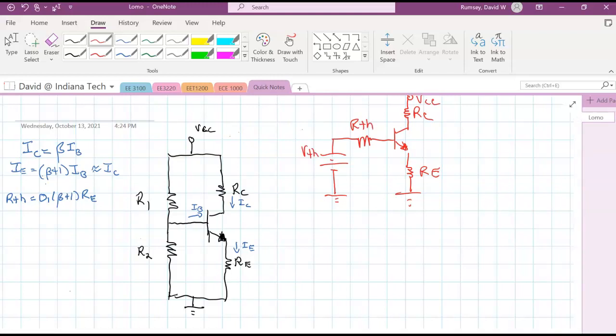To remind us, R Thevenin is simply R1 in parallel with R2, and V Thevenin is simply R2 over R1 plus R2 times VCC. Technically, it's the total voltage drop, but we're assuming that we're grounded at the bottom here. That's how we can get those in this equivalent circuit, because this kind of equivalent circuit is really where we start our design from.